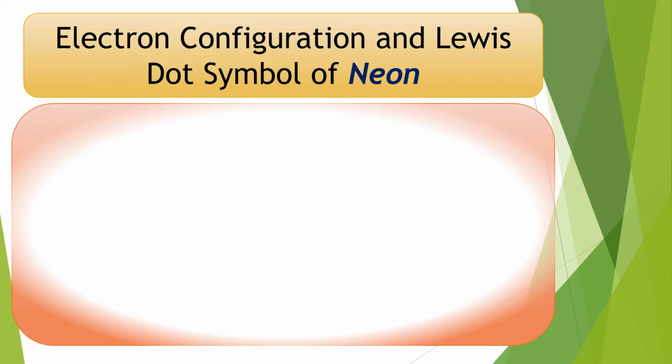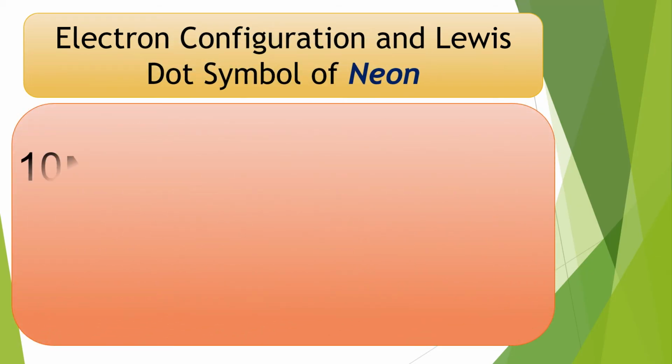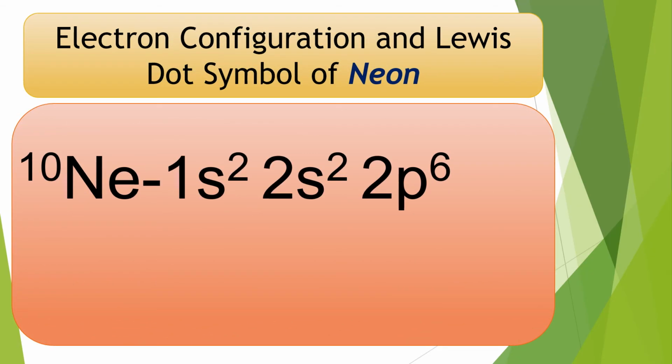The last example is neon. Neon has atomic number 10, which belongs to family 8. All elements in family 8 are stable atoms. The stability of atoms depends on whether or not their outermost shell is filled with electrons.